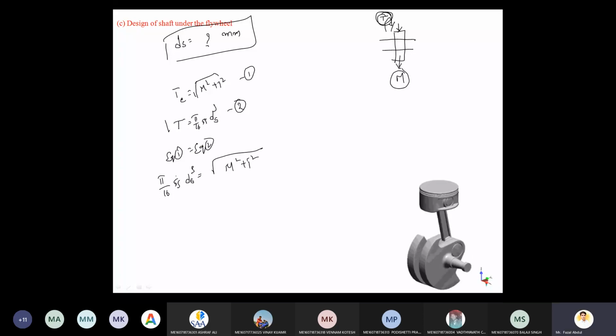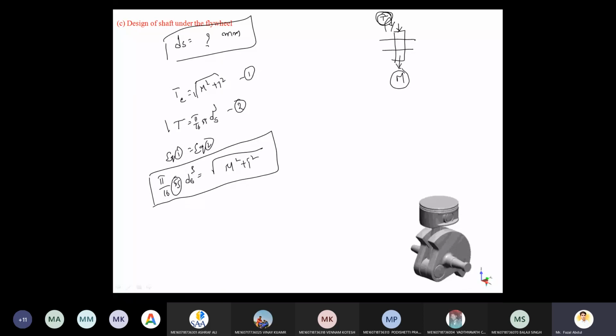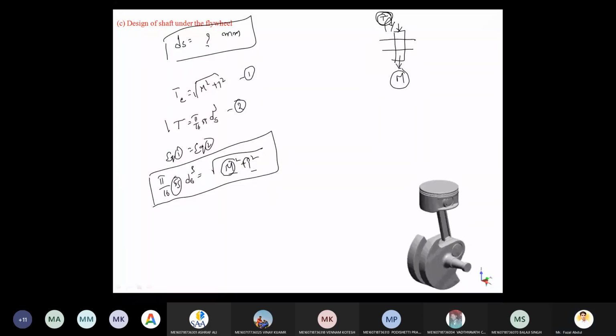Sigma s is the permissible shear stress, m is the bending moment, t is the torque. This equation appears the same as in the previous case, but the difference is in calculating the bending moment and the torque. So what is the bending moment here? Under the flywheel we are calculating the size of the shaft.